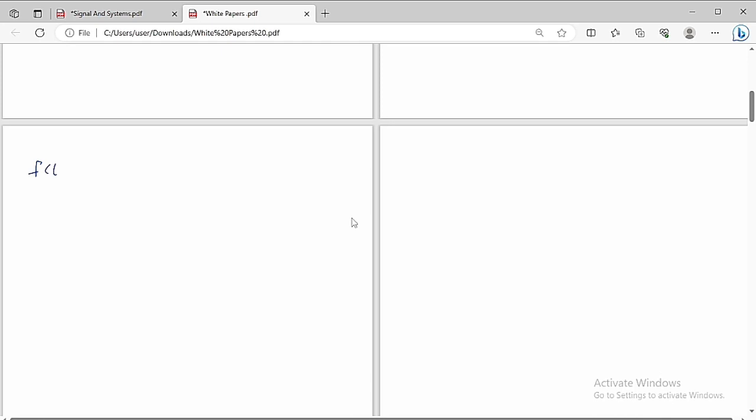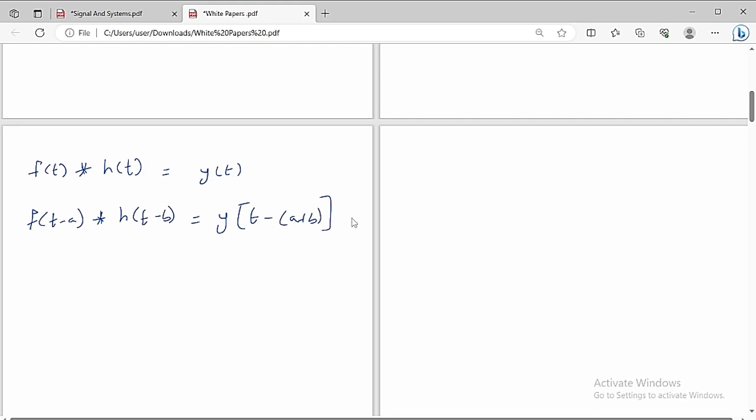Suppose f of t convolution of h of t is equal to y of t. Then f of t minus a convolution of h of t minus b is equal to y of t minus of a plus b. So based on this concept, we are going to solve this one. u of n convolution of u of n is equal to n plus 1 into u of n, that we already know.